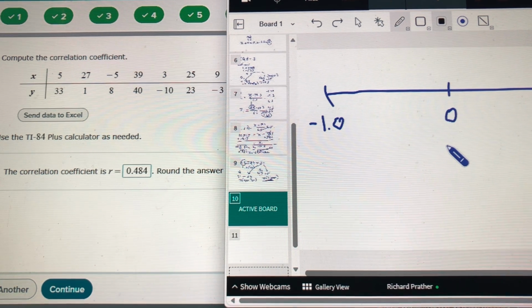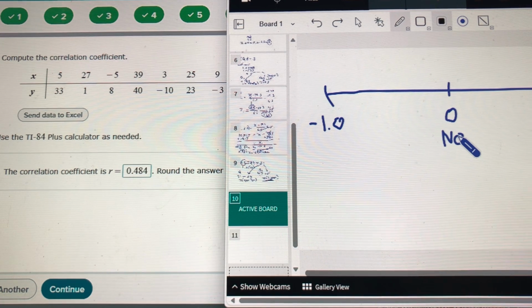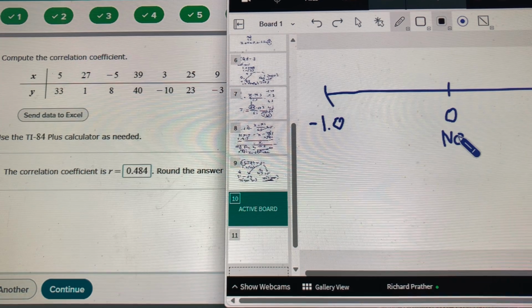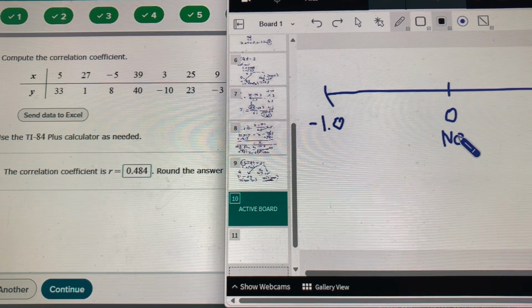If your correlation is at or close to 0, we say there's no correlation, and that means one variable is not related to another variable in any way. Think of something like height versus IQ. Somebody's height has nothing to do with their intelligence. You can be tall or medium or short and have a high or a low intelligence. So some variables clearly are not related to each other.